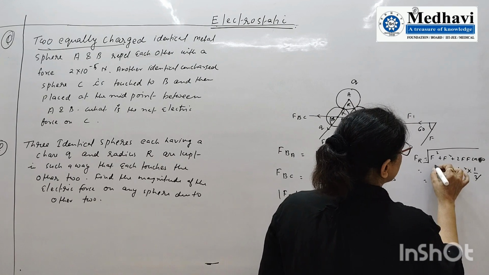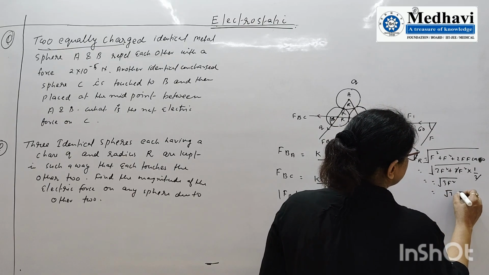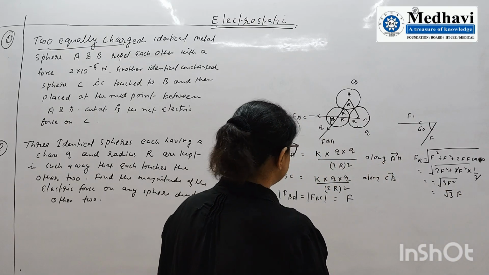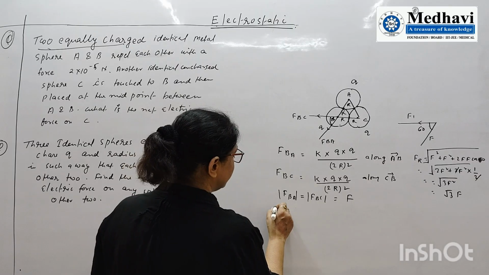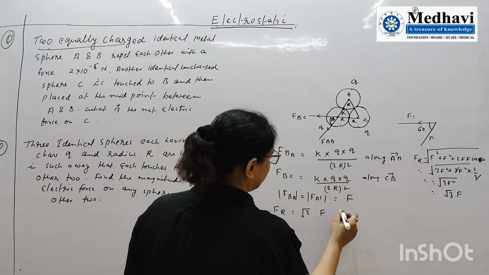So it is 3F square, and its value is root 3 F. So we got the resultant of the force. This is the resultant force, root 3 into F.